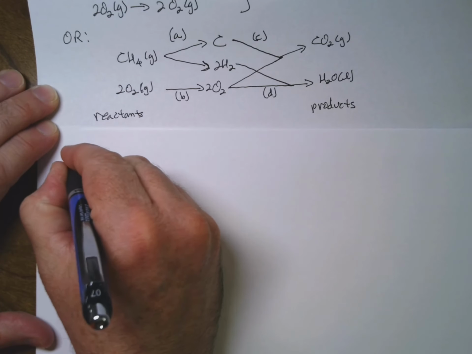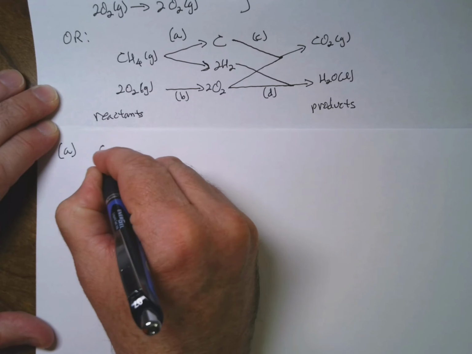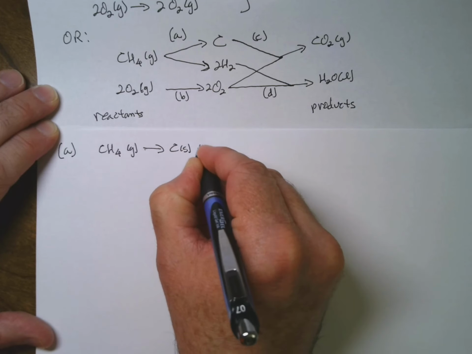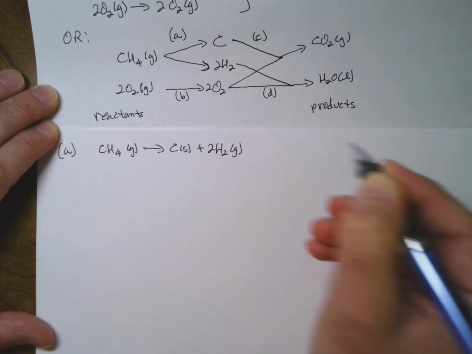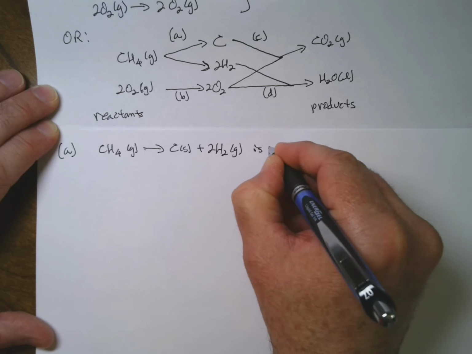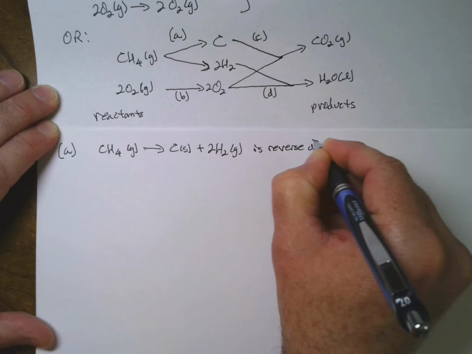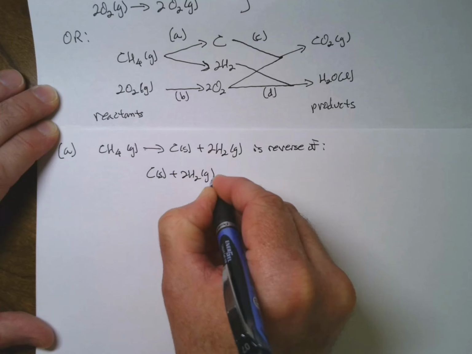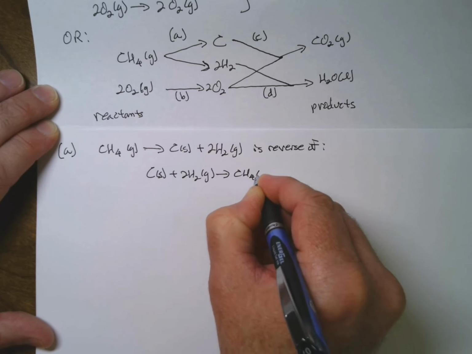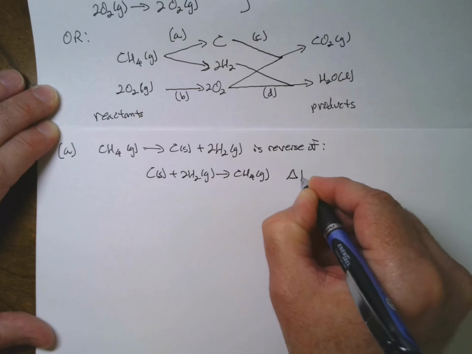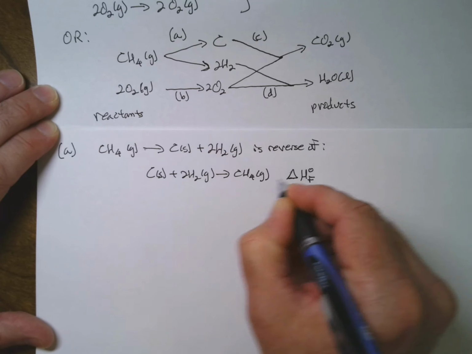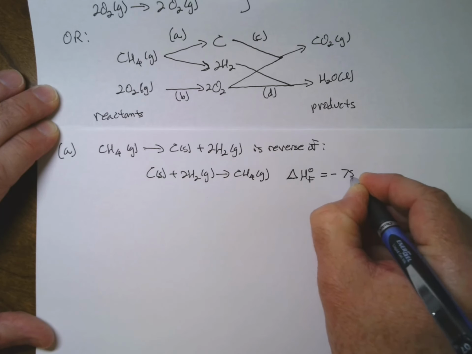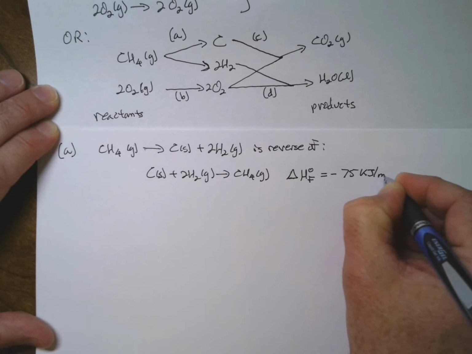Okay, so for reaction A, we have CH4 gas goes to C solid plus 2H2 gas. Well, this is the reverse of solid carbon plus 2H2 gas goes to CH4 gas, which is our delta HF naught chemical equation. We could look up delta HF naught, and that's minus 75 kilojoules per mole.